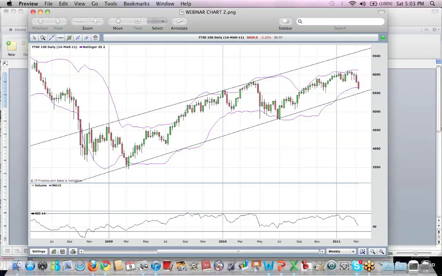Now, this is a key point. We know that we're in a bull market as long as we're above 5,477, and there's not many amateur traders who would have known about that key level. They would have been focusing on this chart that I'm showing you here.